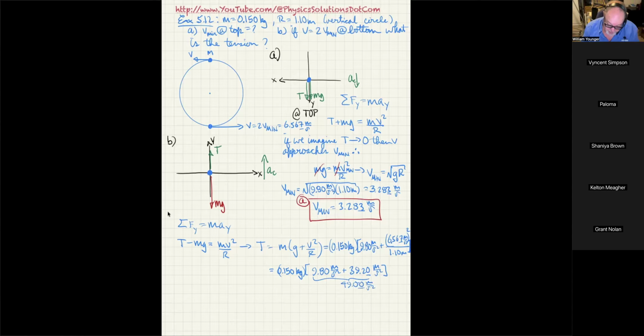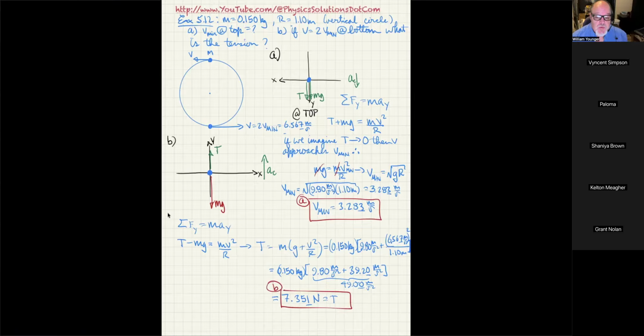And now if I multiply that by 0.150, I get that the tension will actually be 7.351 newtons, which equals the tension. And I can circle this, and that's the answer to part B.